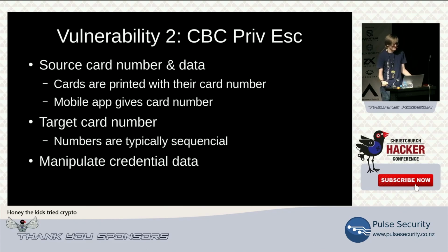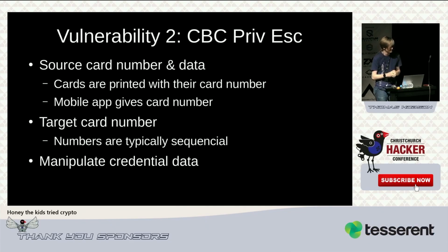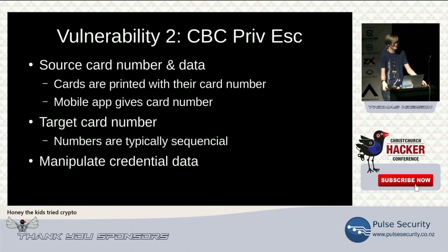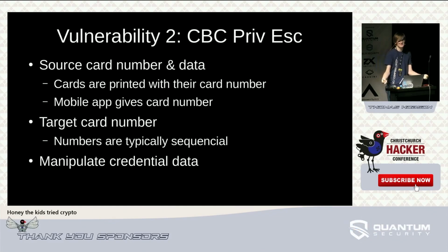If you know all that data and you know the card number, because that's given to you in the mobile app as well, and you know a target card number you want to go to, which are typically sequential, you can just increment or decrement your card number, or try card number 1 or something like that. You can then manipulate your credential into whatever you want, and you might be able to get privilege escalation, who knows, or maybe you're the CEO and you want to pretend to be someone lower.